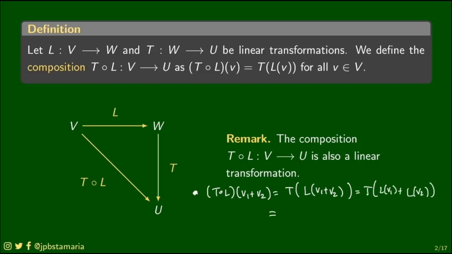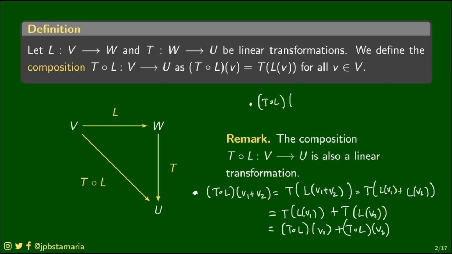Also, because T is linear, I can write this as T of L of v1 plus T of L of v2. Therefore, this is T circle L of v1 plus T circle L of v2. That proves the sum-preserving property of T circle L. Also, you can prove that T circle L of, let's say, av equals a times T circle L of v. And that will complete the proof that the composition T circle L is also a linear transformation.